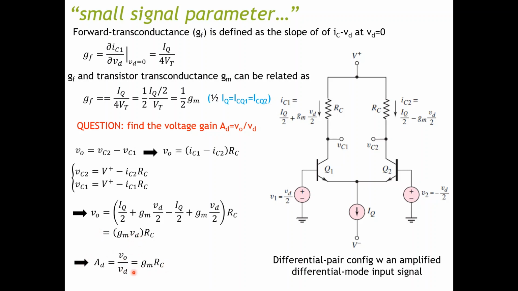Then you can have the whole voltage gain equal to GM multiplied by RC. So usually GM is given for each transistor around 50 milliamperes per volt. Therefore, if you want to design your gain for your amplifier, you need to choose an appropriate RC. So that's it for today.